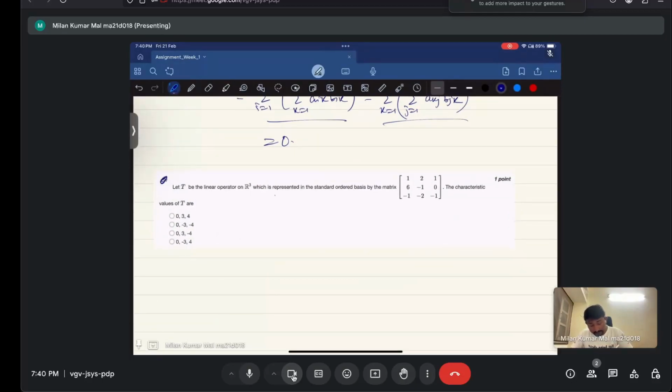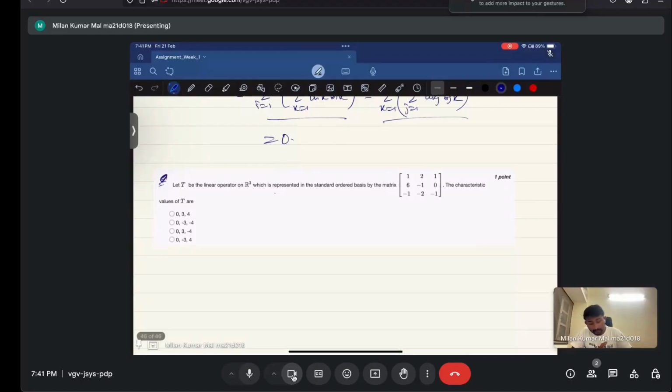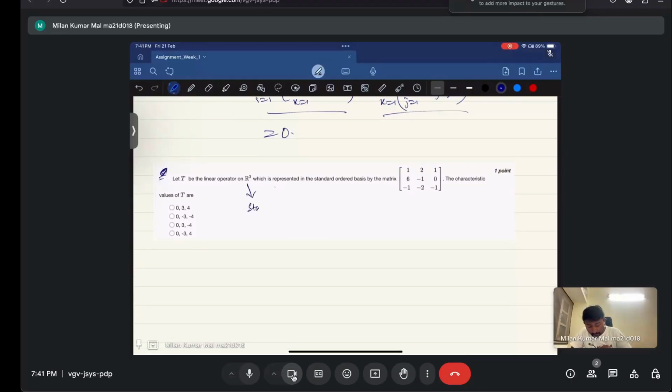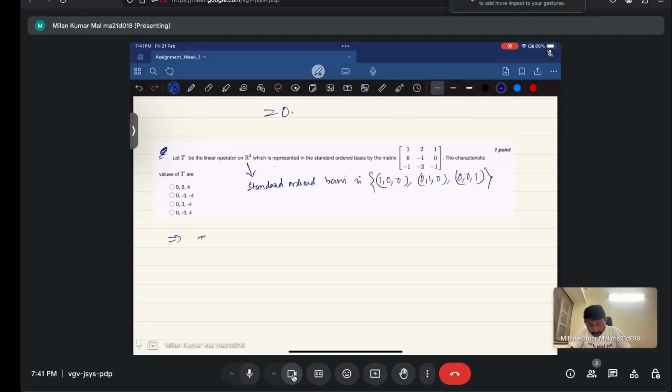So what it says: let T be a linear transformation, a linear operator on R3, which is represented in the standard ordered basis. For R3 the standard ordered basis is (1,0,0), (0,1,0), (0,0,1).